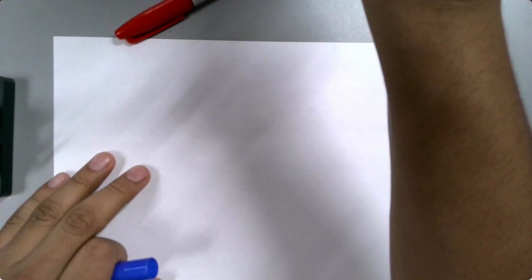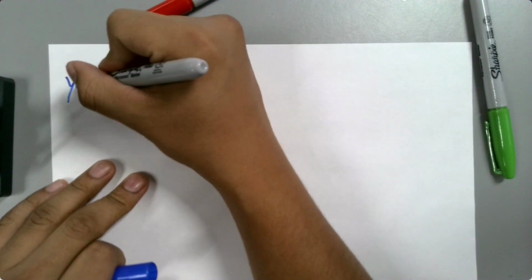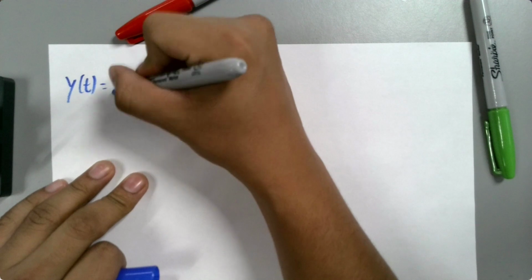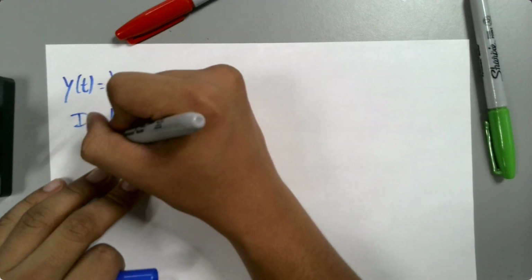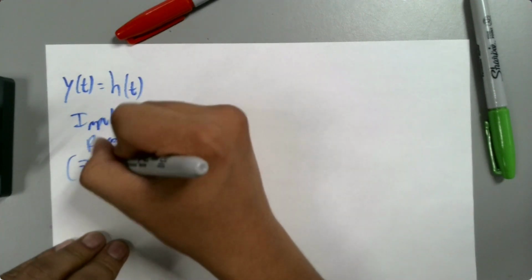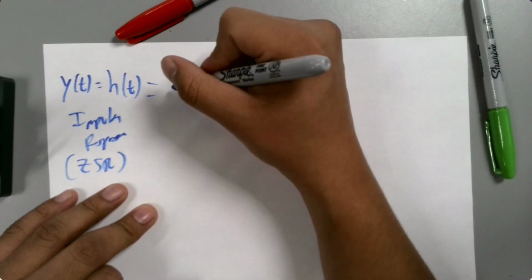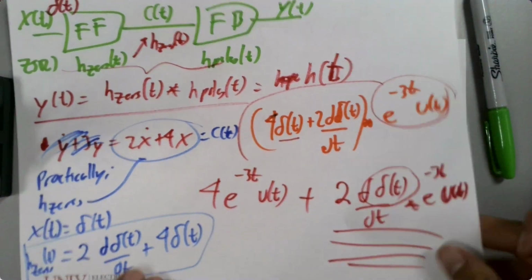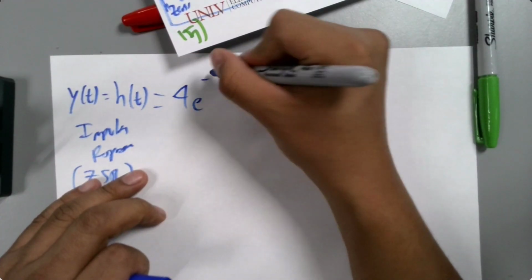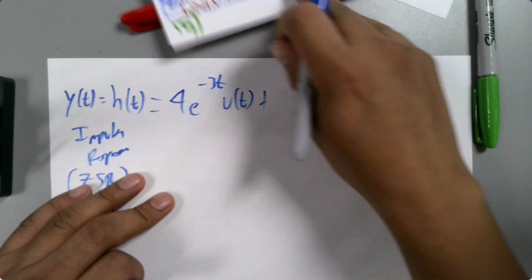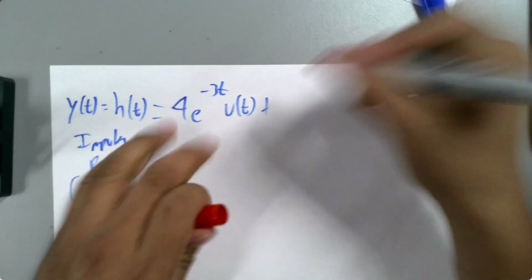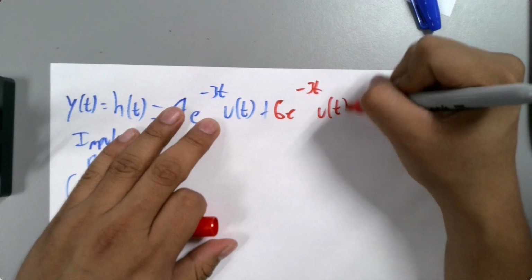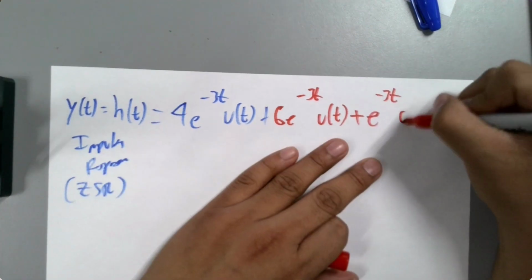Okay, let me try to figure this out. y of t, which is equal to h of t, this is the impulse response, also known as ZSR, is equal to this mess right here: 4 e to the minus 3t u of t plus that answer that we just found, 6 e to the minus 3t u of t plus e to the minus 3t delta of t.